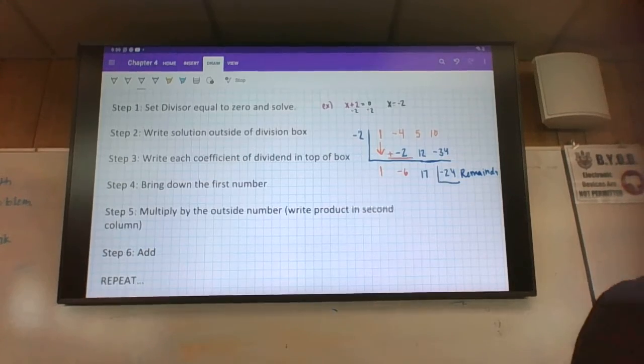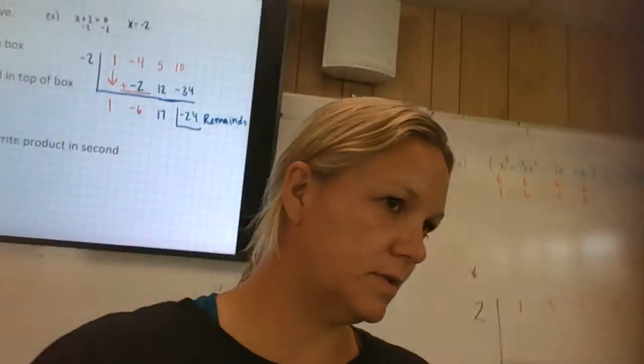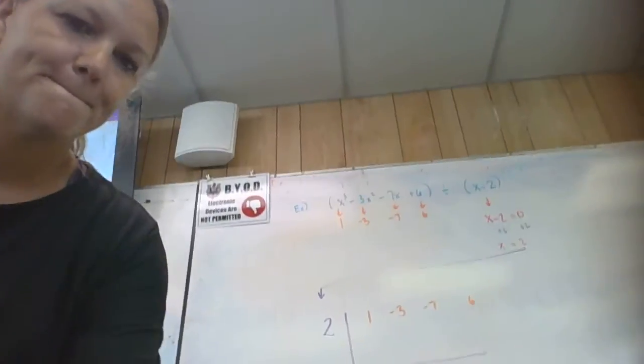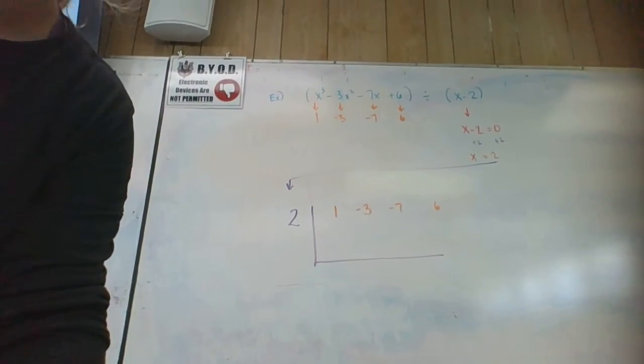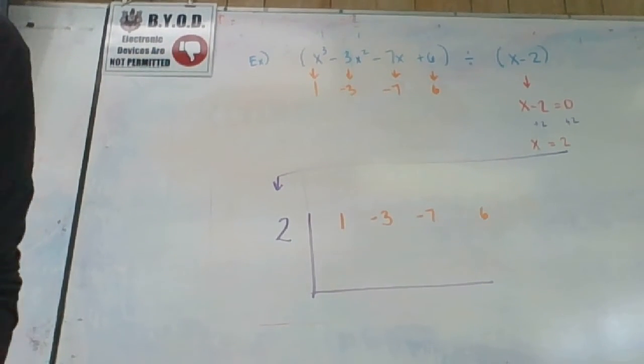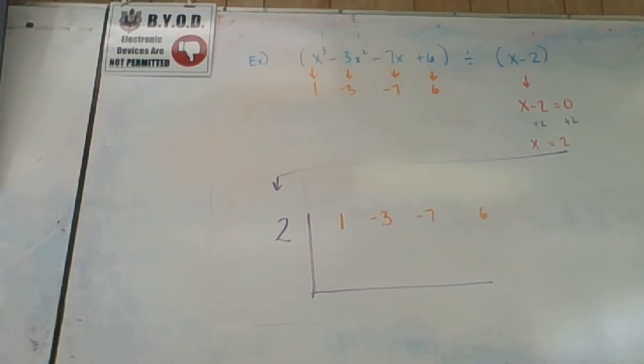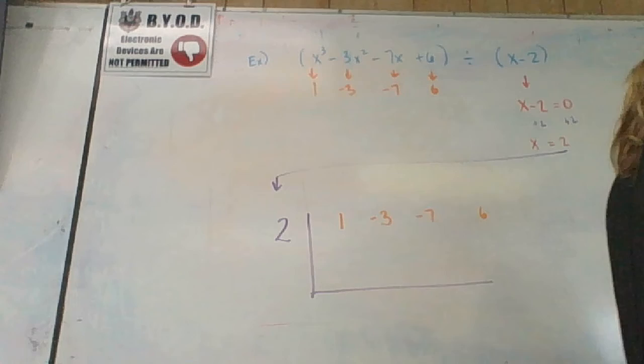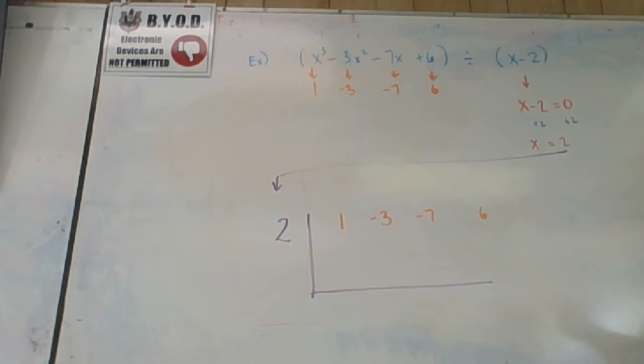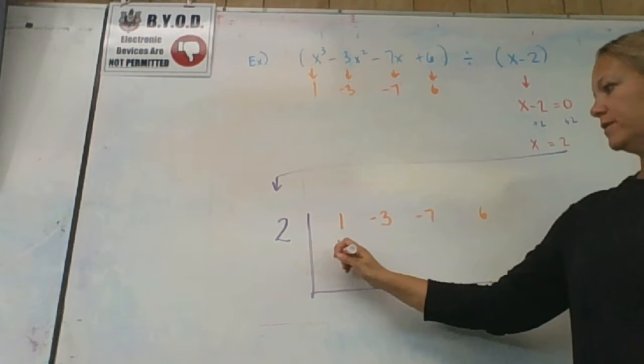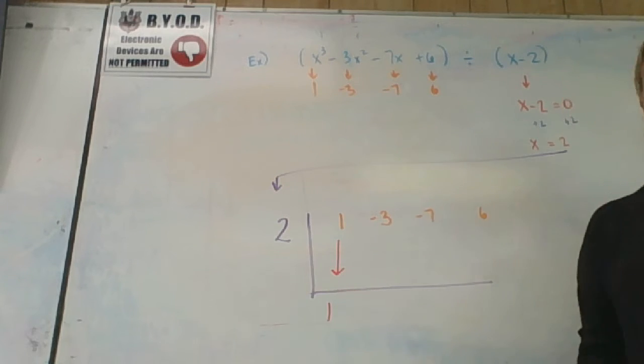You do need the zeros for any missing terms. It's all about the zero. So I will just bring the 1 down here.